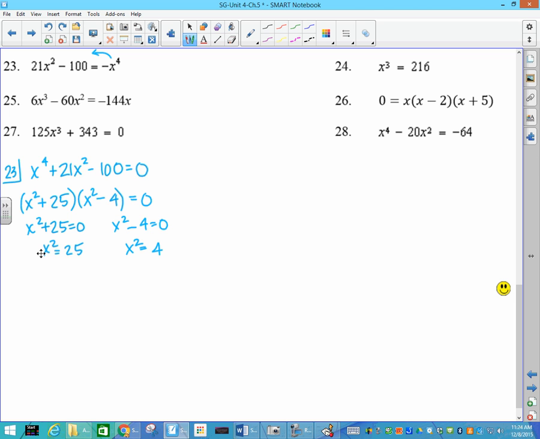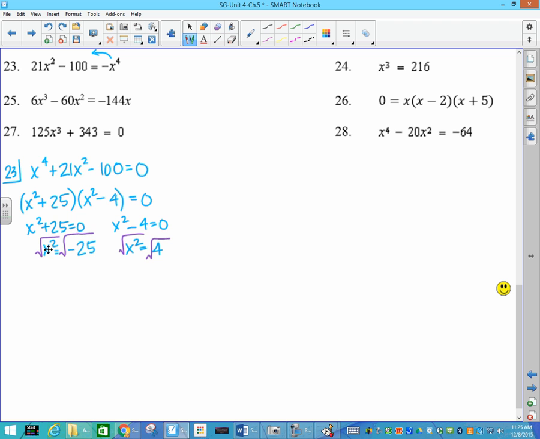So when I take the square root of both sides, since that's the easiest way to do it if you have no b term, okay? When I write my answers, look at that. Y'all probably yelling at me again. Negative 25. I don't think I had that negative, but you couldn't see it.